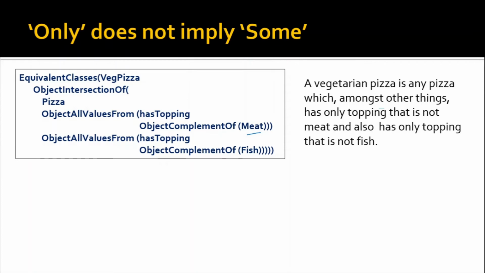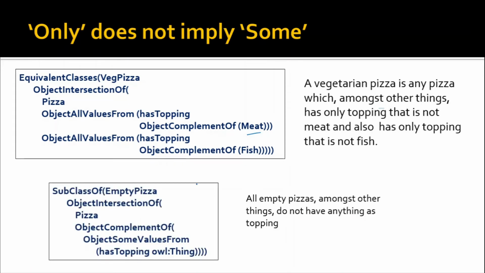Now, if we have the definition of an empty pizza, what would the definition of an empty pizza look like? The definition of the empty pizza will say that all empty pizzas, among other things, do not have anything as topping, right? So what would be the corresponding functional syntax representation for this?